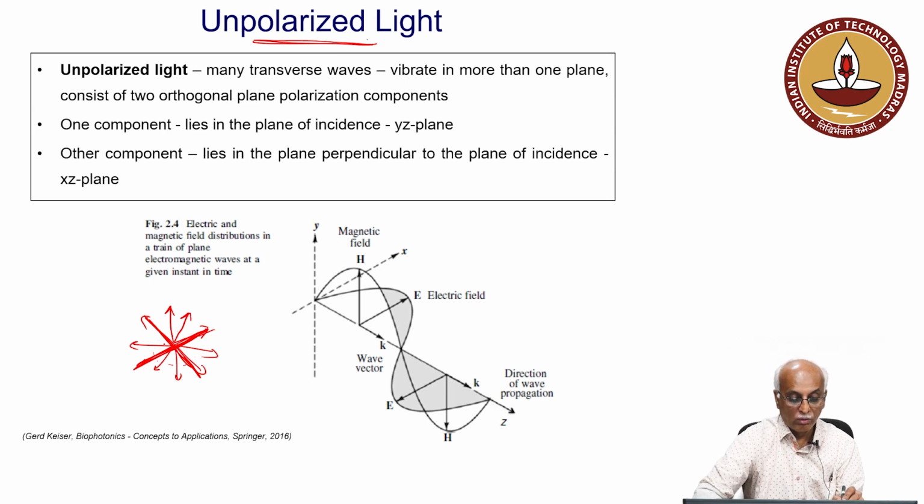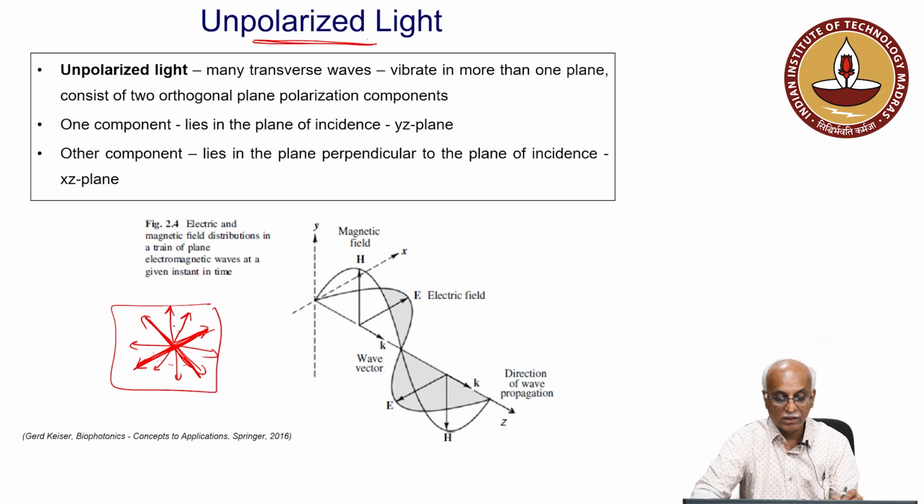So the light is treated as unpolarized because at any point of time we will see different electric fields in different directions oscillating. And correspondingly the magnetic field can be represented. So this unpolarized light is the one which we see in nature in general.